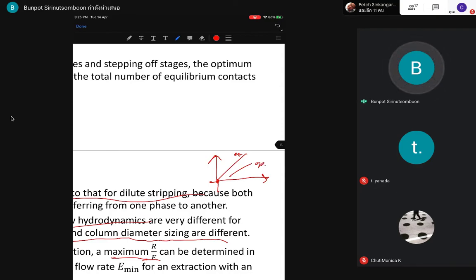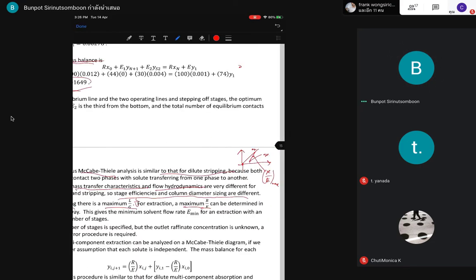If you want to get the maximum R over E, it's going to look something like this. This gives you the maximum R over E, just like in stripping.